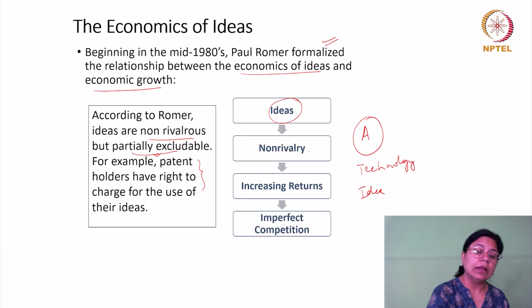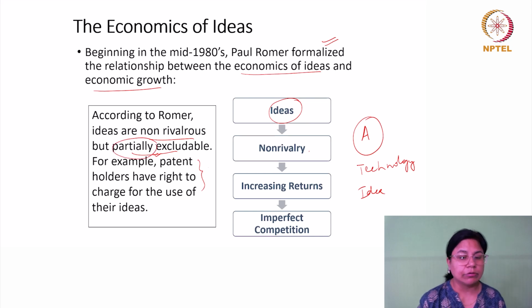But still the ideas are only partially excludable, not completely excludable, leaving scope for spillovers. These definitions we have already looked at in detail, but the major argument that comes forward is that because of this particular nature, we get increasing returns and imperfect competition. So we will talk about these two.